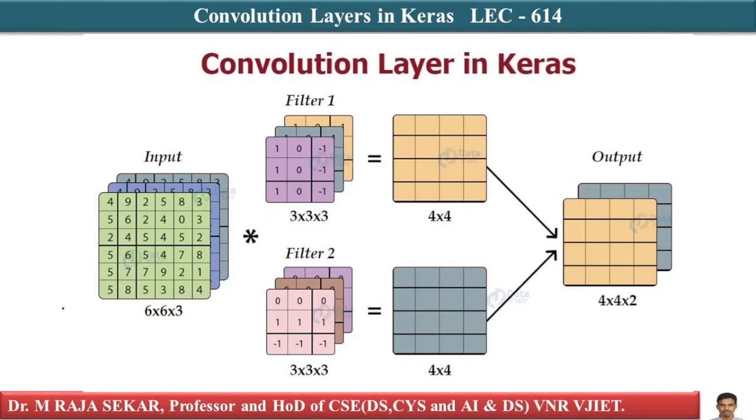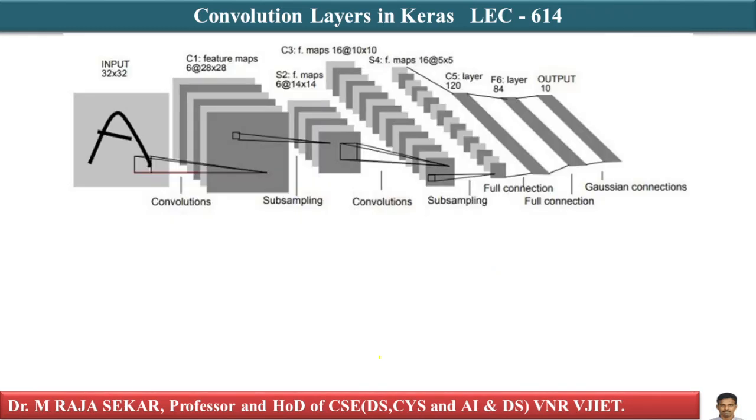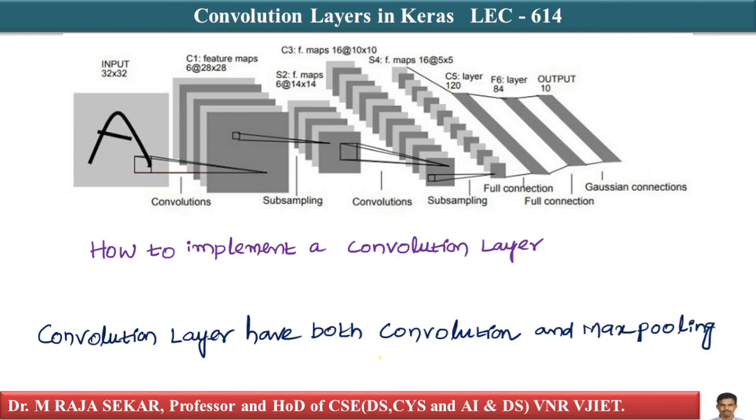In this lecture, we will try to understand convolution layers in Keras. This is the LeNet architecture that we have seen earlier. Let's understand some basics in Keras on how to implement a convolutional layer, which has both convolution and max pooling.